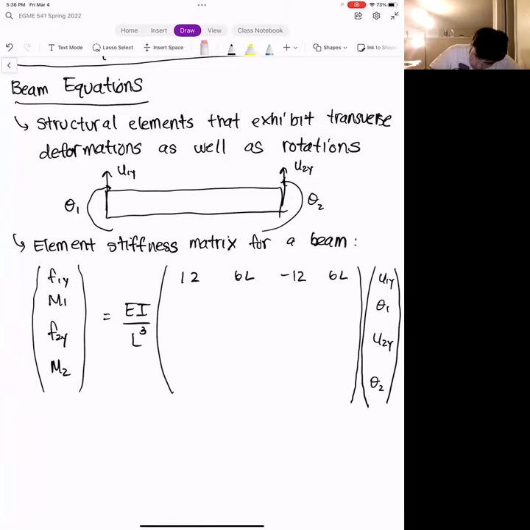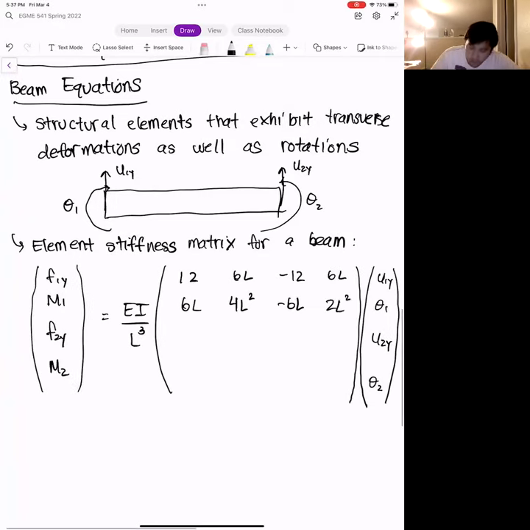All right, so let me go ahead and write out the rest of the equations here. Okay. And of course, this is the one that you have to derive in the homework. Right, and so our element stiffness matrix looks like the following.